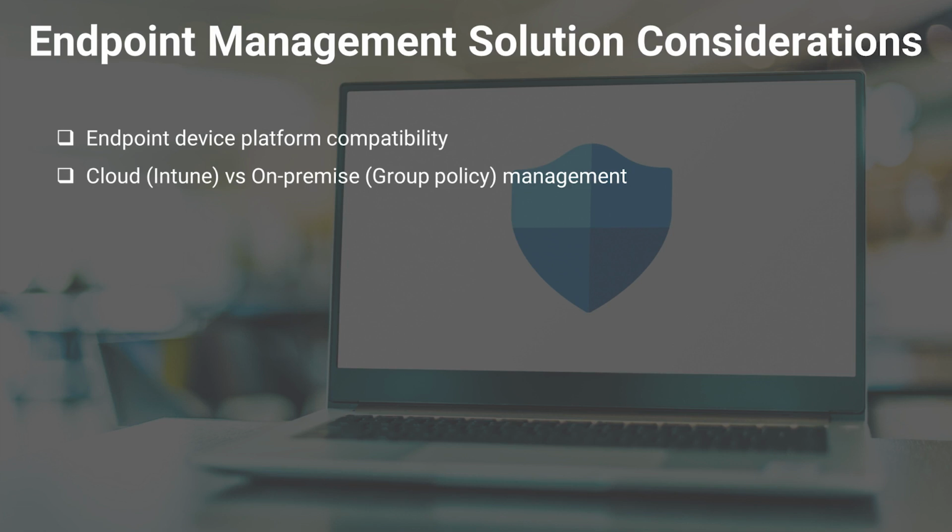If you wish to reduce on-premises traces in your company, you can choose Intune, and that decision will define your organization's Microsoft Defender for Endpoint architecture as cloud-native, since Intune is cloud-based. And if you, on the opposite side, are still sticking with on-premises ways, you can use group policy, which will define your organization's Microsoft Defender for Endpoint architecture as on-premises.